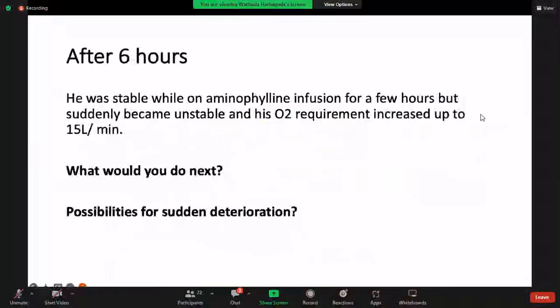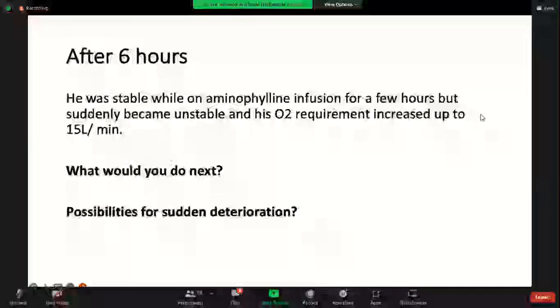According to your preference, you can start either. So suppose we started this Baba on aminophylline. He was stable for a few hours, but again suddenly became unstable, and his oxygen requirement went up. So what would you do next? We are talking about this Baba who came with severe asthma. There's a sudden deterioration in the clinical condition.